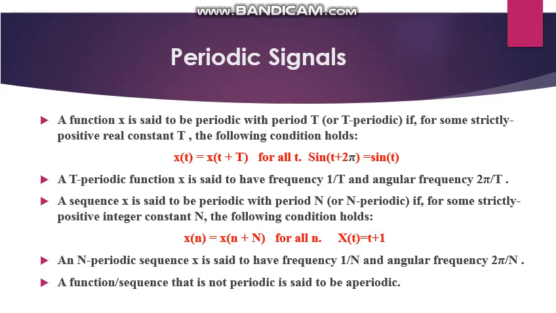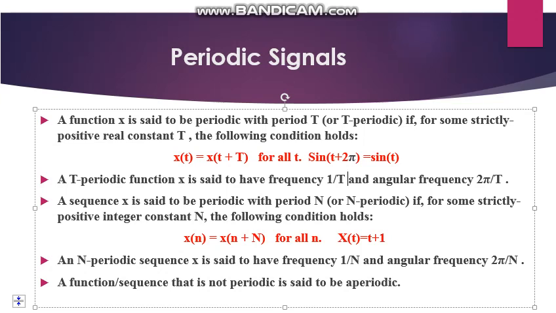The capital T is the period. That means if you add the period, you will get the previous value. A function x is said to be periodic with period T if, for some strictly positive real constant, the following condition holds. In that situation, 1 by T is the frequency, and the angular frequency is 2 pi by T.